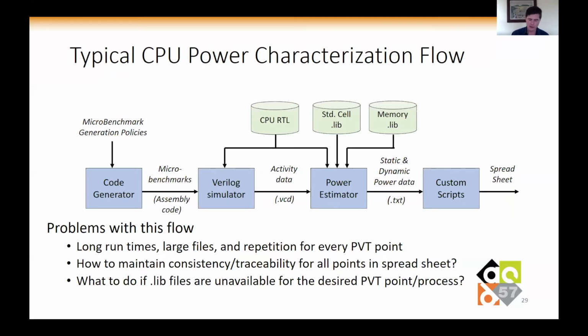Second, once I have generated this data, I need to be able to maintain consistency and traceability for every single point in my spreadsheet so that I can debug any mispredictions. And that's also an awful lot of expense. And third, what do I do if I've got missing files? I don't have the PVT point that my customers want, or if I want to target a new process, how can I proceed?